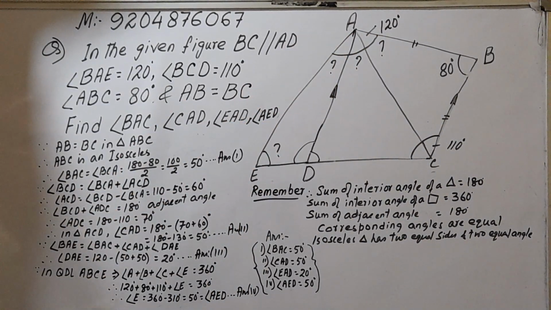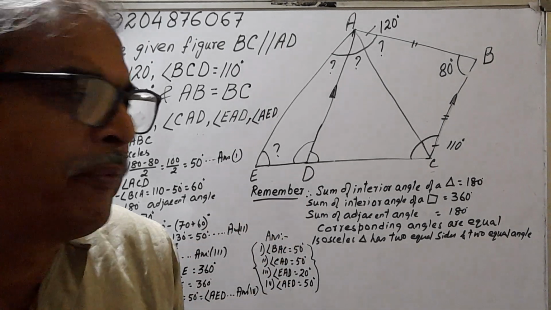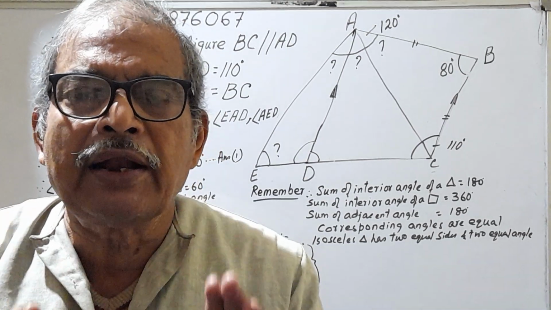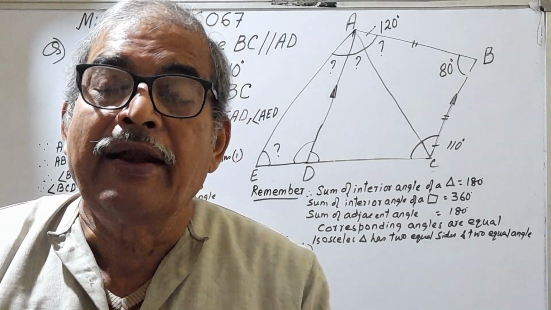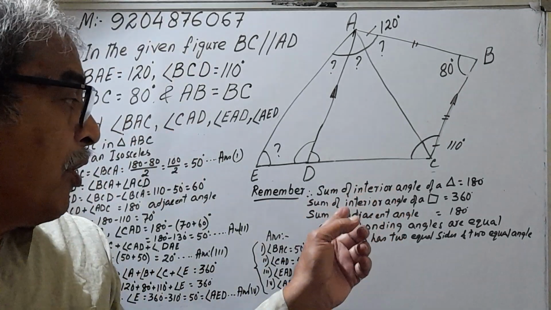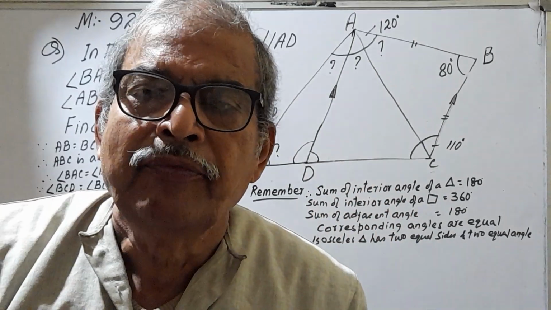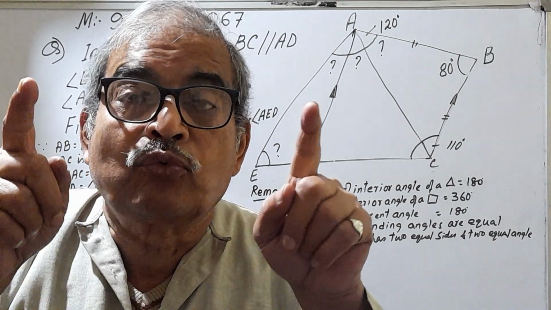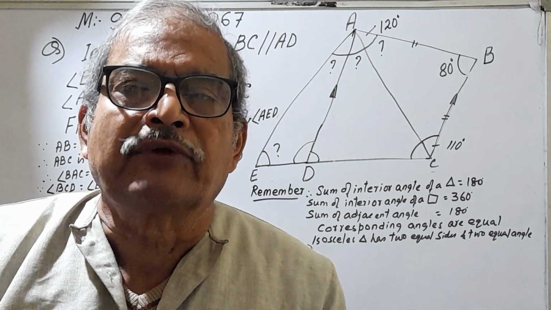First, I have written here: the sum of interior angles of a triangle is 180 degrees. The sum of interior angles of a quadrilateral is 360 degrees, and the sum of adjacent angles is equal to 180 degrees. Corresponding angles are equal when two lines are parallel and cut by a transversal.